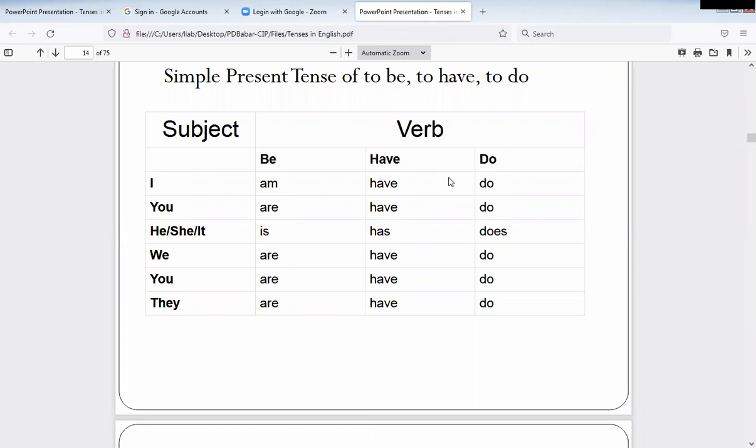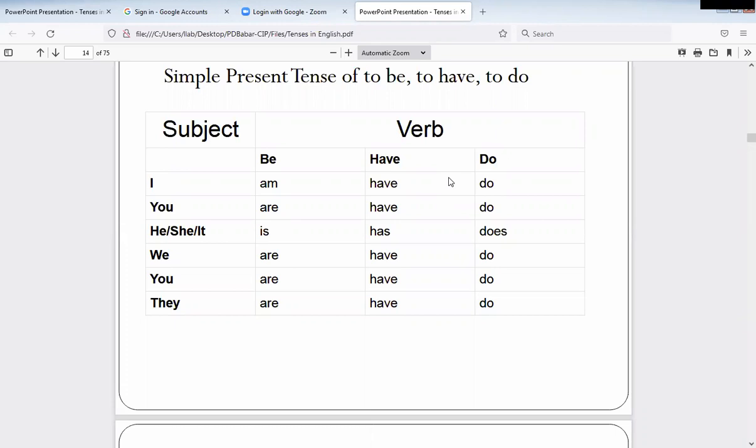Then the to be form that we have to use after you is are, you are. And the have form that we will use after you is have itself. And the do form that we will use after you is do. So you are a teacher, you have a car, you do a presentation.